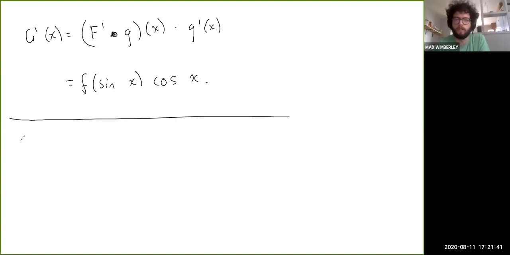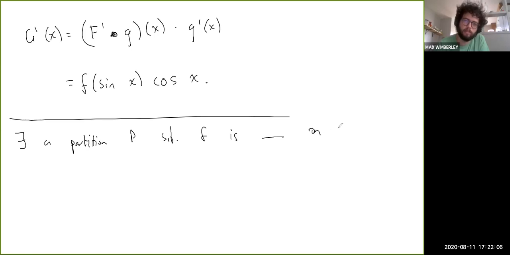That's what you'd want to justify is true. So the statement that something is piecewise monotonic, or piecewise whatever, is that there exists a partition P such that f is monotonic on each interval, right?